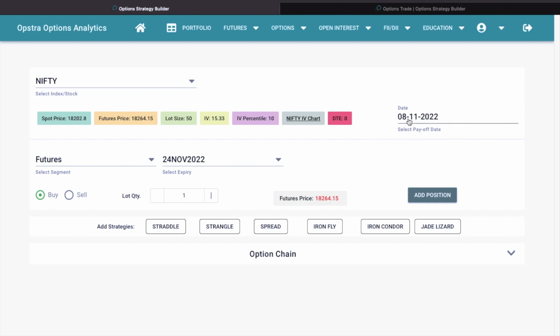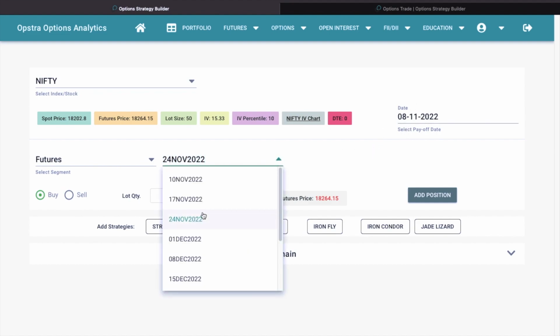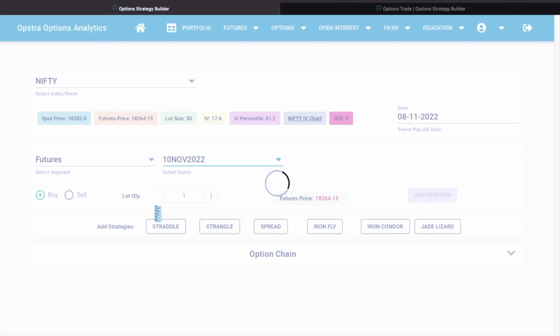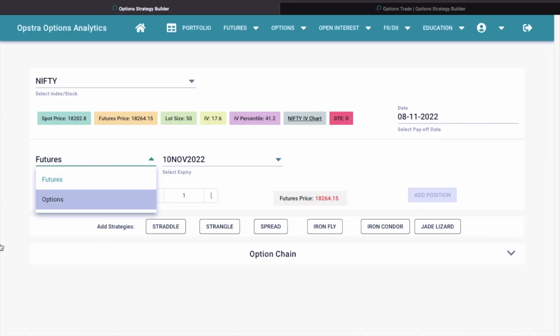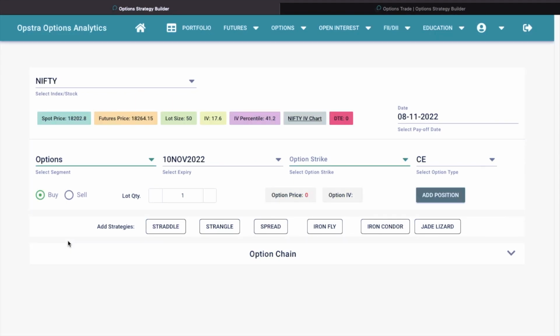Let's say we consider the latest expiry, the 10th of November. Nifty closed around, let me check, 18,200. So we will take the 18,200 straddle for expiry 10th of November.